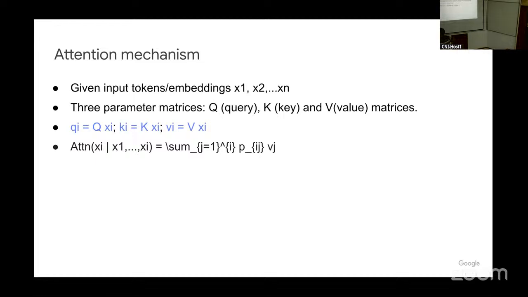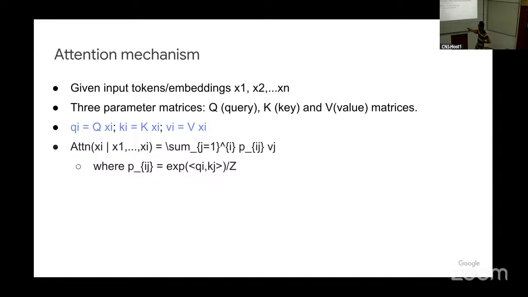So for xi, if we look at the causal variant where xi looks at only all the tokens that have come before it, so it only depends on x1 to xi. It takes a weighted combination Pij of all the different value vectors Vj, right? And these probabilities Pij are computed using the query of the current token Qi and the key of the jth token Kj, right?